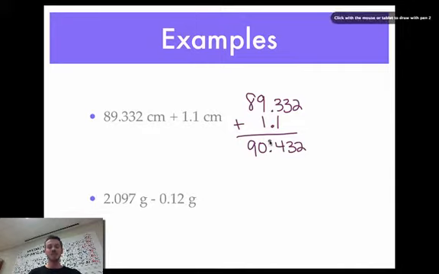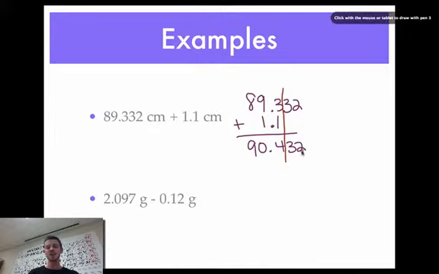What I would do after that is say which of these two measurements ends first. That's going to be the 1.1. So I'm going to draw this red line. My answer can't pass this red line, so I'm going to drop off these numbers right here.